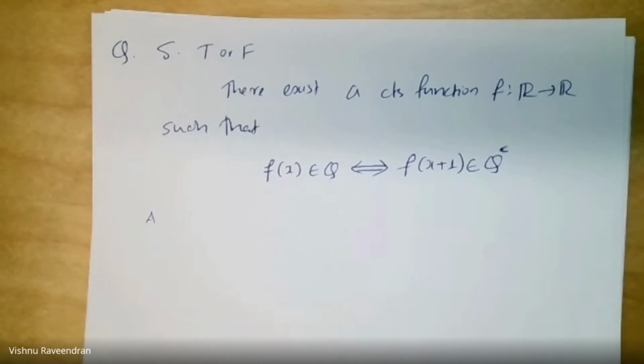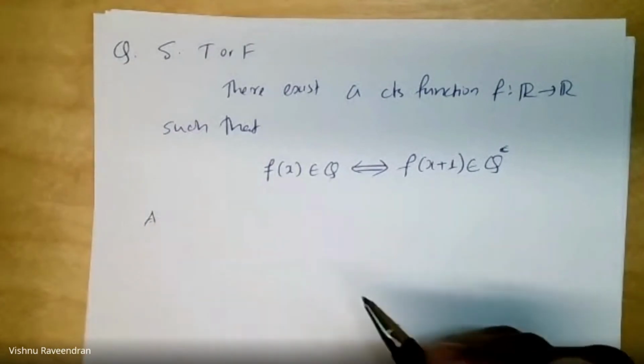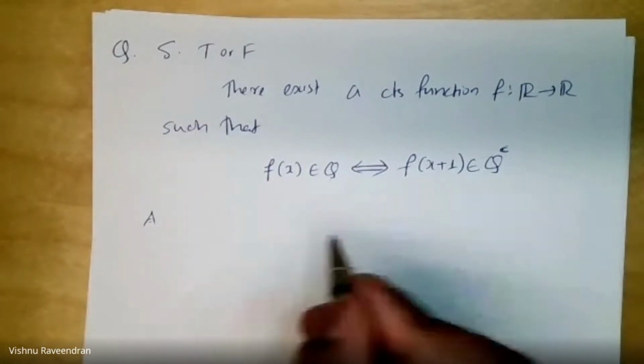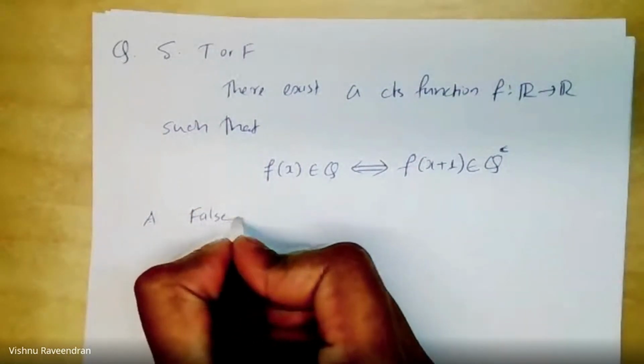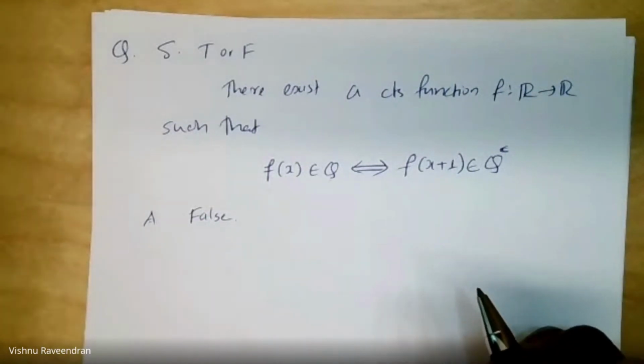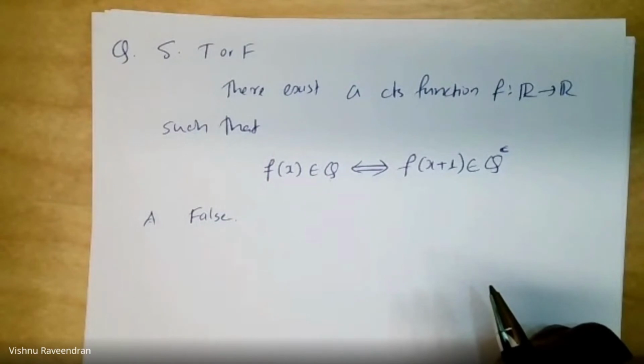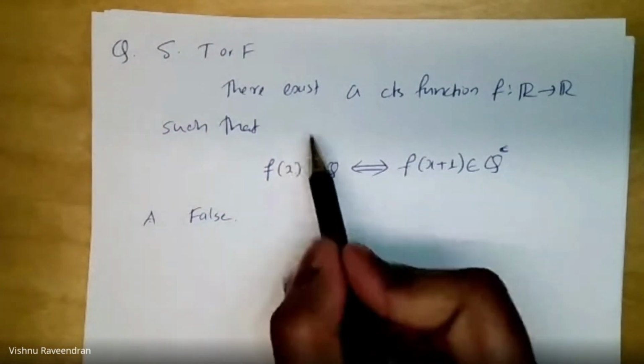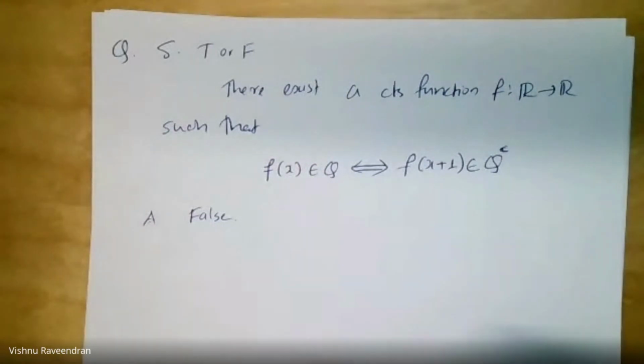I'll not talk about the whole proof, but I can give you the sketch of the proof. False, I got one answer. It can be false. So can you give me a counter example? No, I mean the proof for this is false, right? So there does not exist a function like that.